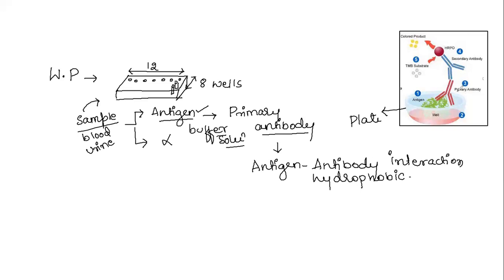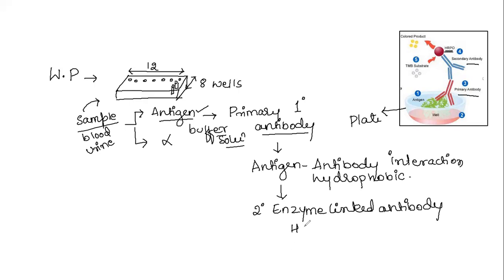Now, after adding the primary antibody, a secondary antibody is added. I'll put primary antibody as first degree here. The secondary antibody which is added is nothing but an enzyme-linked antibody. The enzyme most commonly used here is horseradish peroxidase.